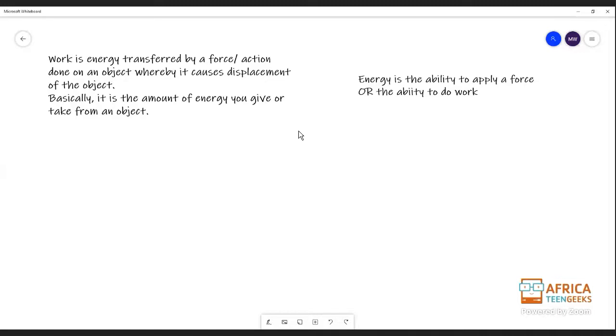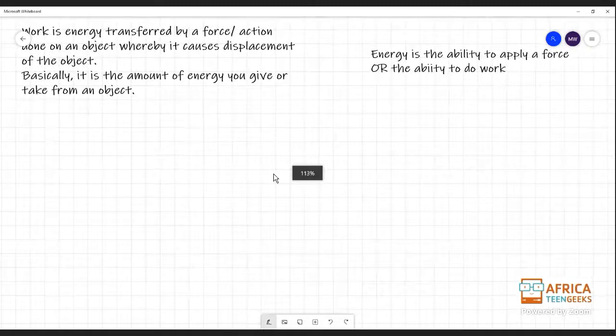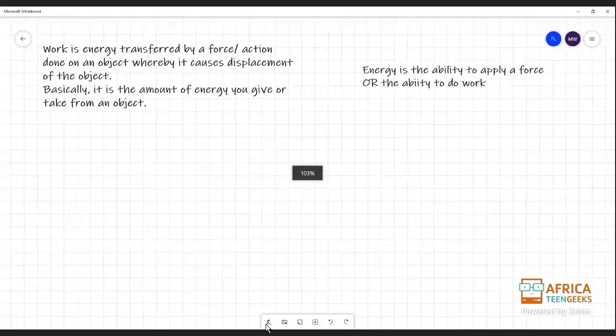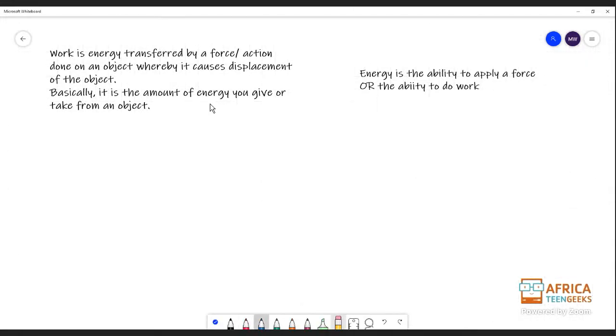So what we can then do is put this concept together and get a little formula from it. We can say that work is basically force times distance.